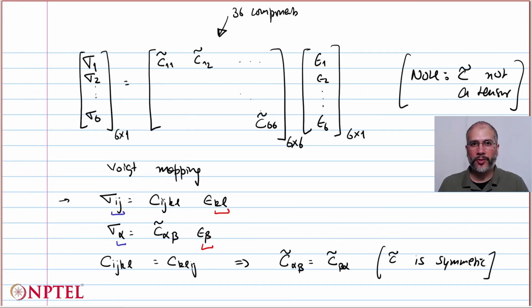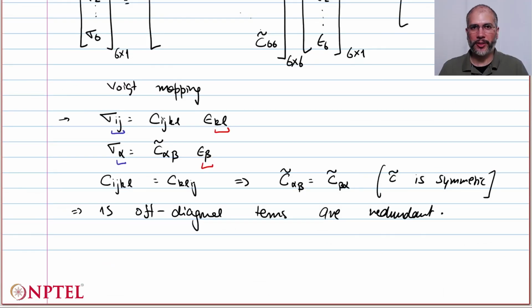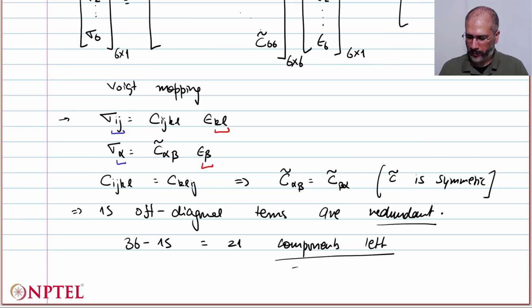So if C tilde is symmetric, that means its 15 off diagonal terms can be removed. Again, when I say removed, I mean it's redundant. So we have a total of 36 minus 15, which is equal to 21 unique components left in our Cijkl.